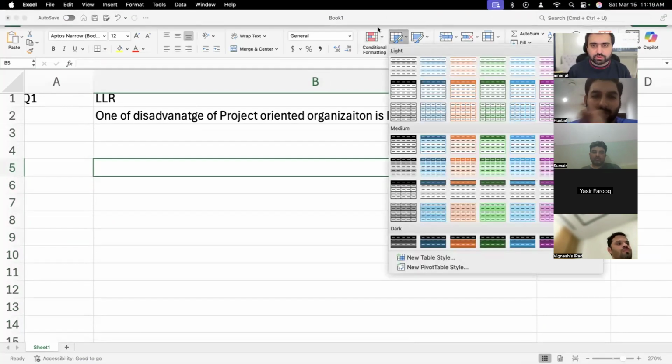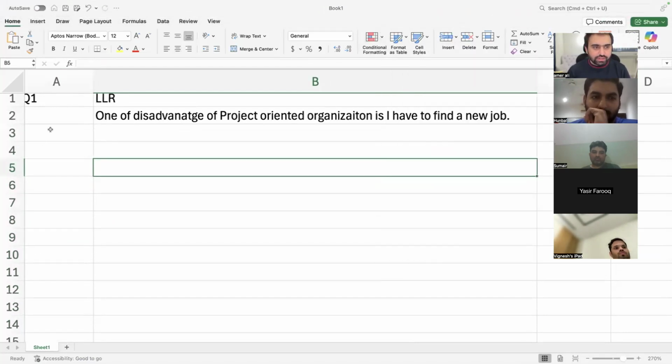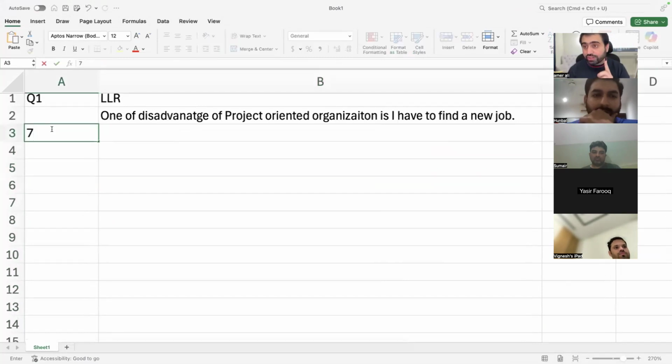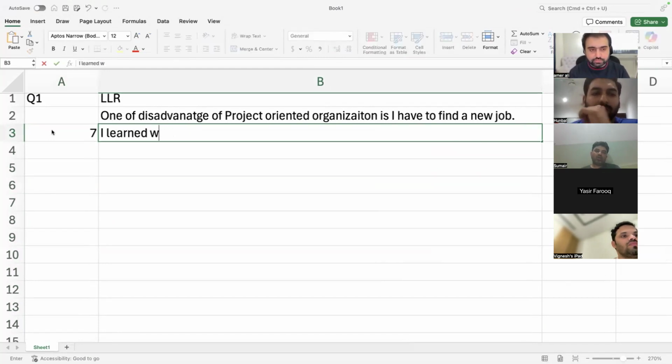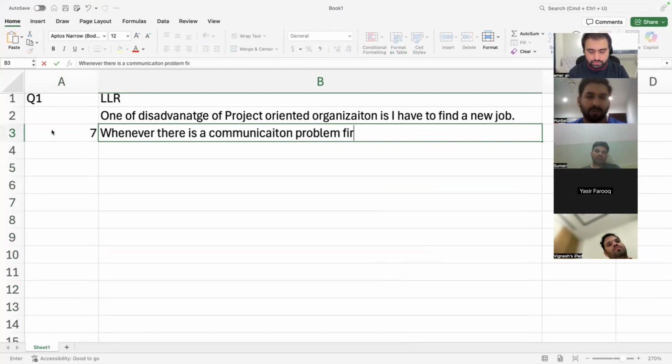Let's say the question number was 7. What did I learn from that question? Not what the explanation said. What did I learn from that question? I can just put that whenever there is a communication problem, the first priority is to co-locate. So this is my lessons learned file.